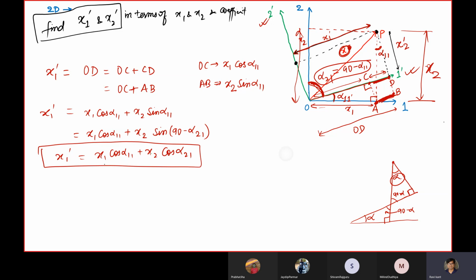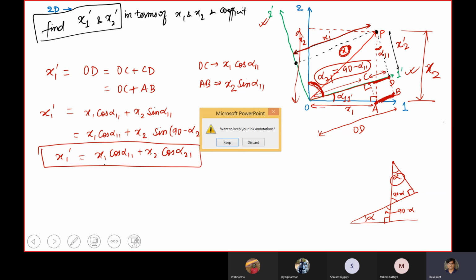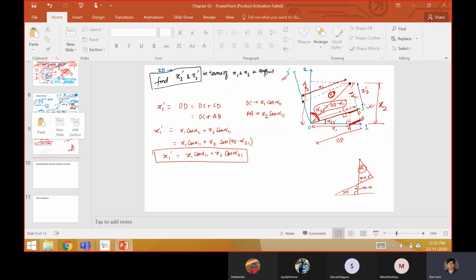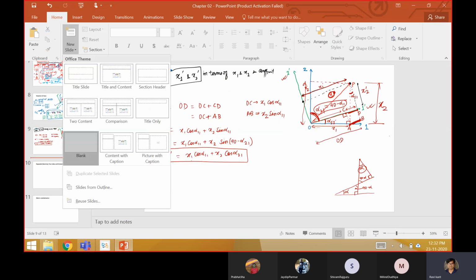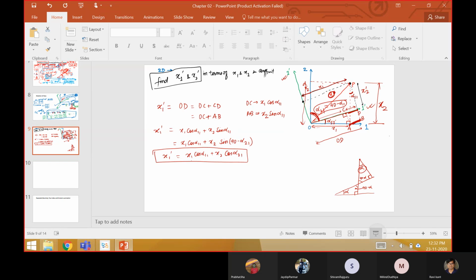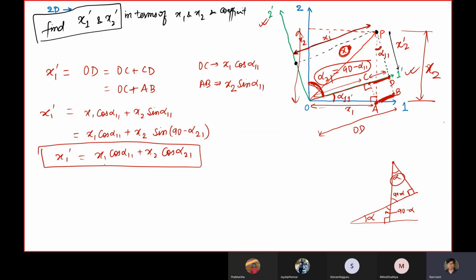And similarly, let me put a blank slide and go to a quick manipulation over here. If I do the similar thing for x2', I'll find a similar result.